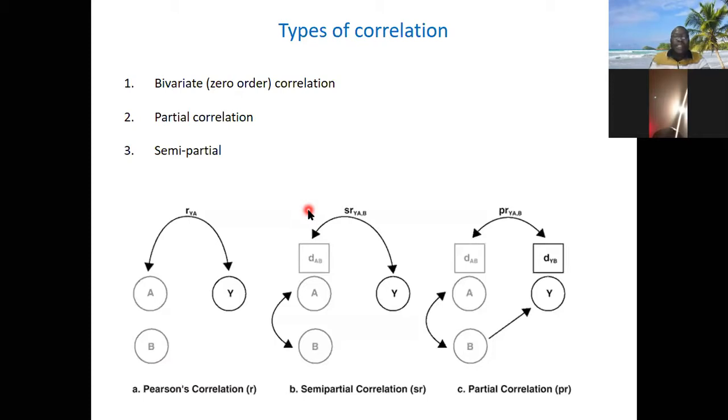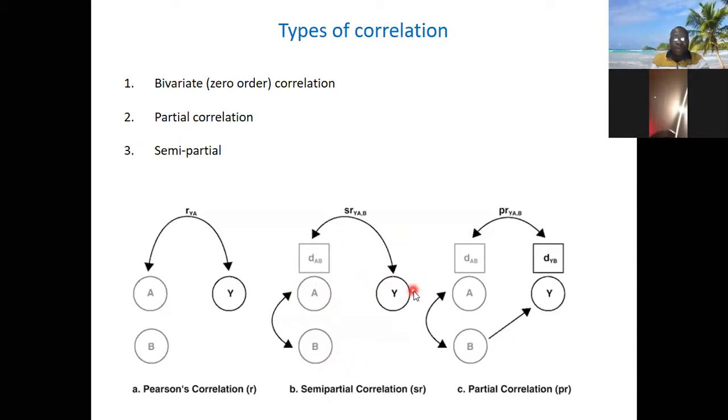But if you want to do partial correlation, you are looking at a correlation between A and Y, but you are trying to control for the effect B has on A. Sorry, this is semi-partial. So the effect B has on A alone, you control for that effect.